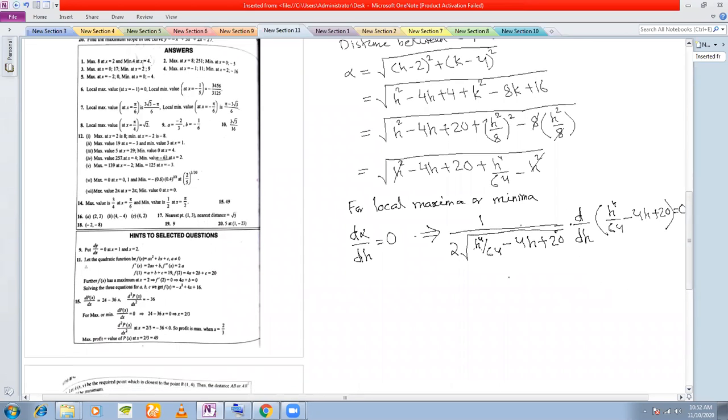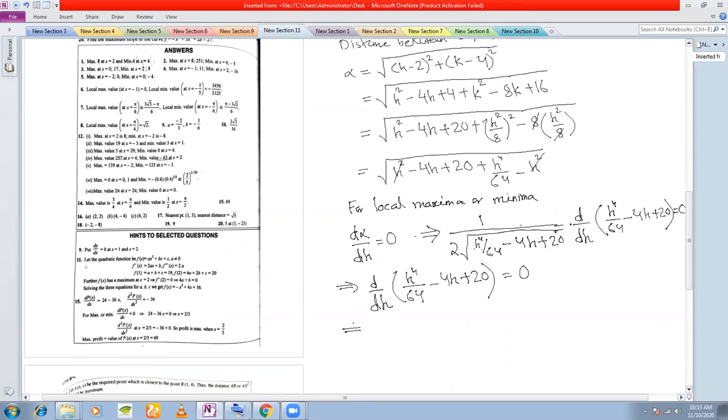Now if the denominator is not 0, that means d by dh of h to the power of 4 by 64 minus 4h plus 20 must be equal to 0.